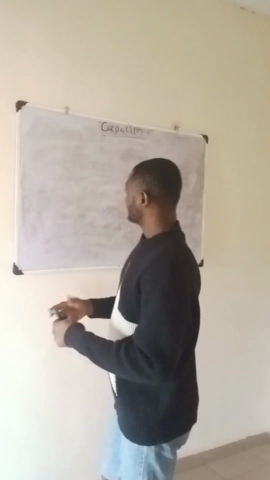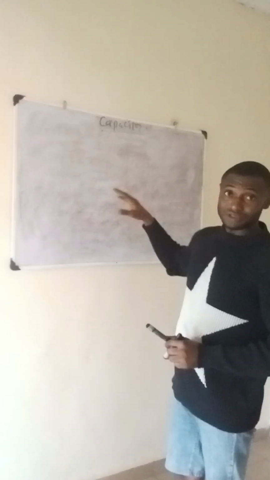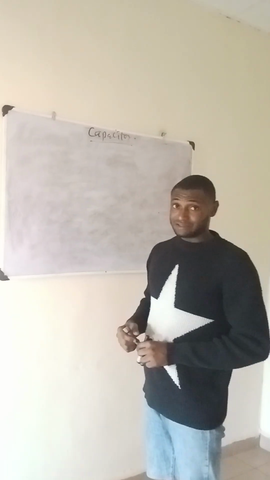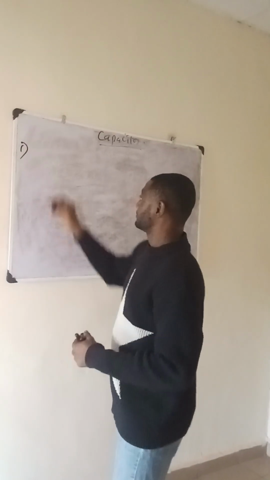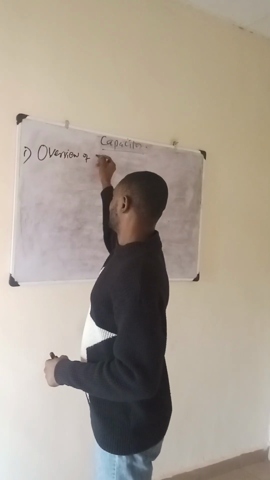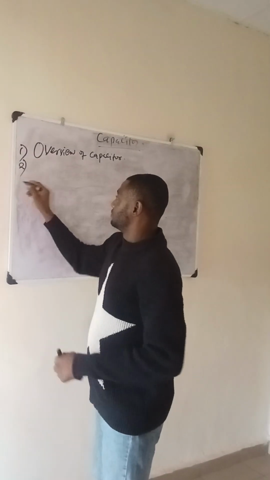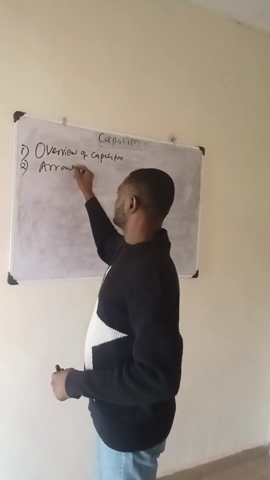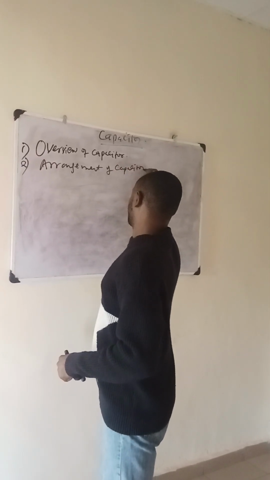And then today we will outline some things we are going to cover, because we are wrapping up in this before we go into the major design calculations. So number one of the things we are going to look at today is overview of capacitor. Two, we look at arrangement of capacitor.